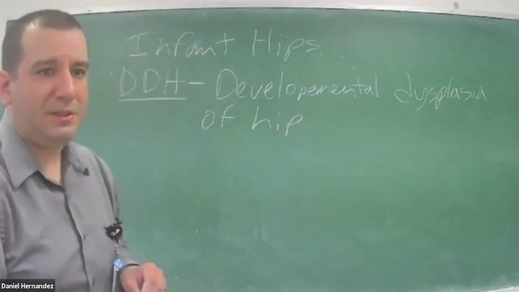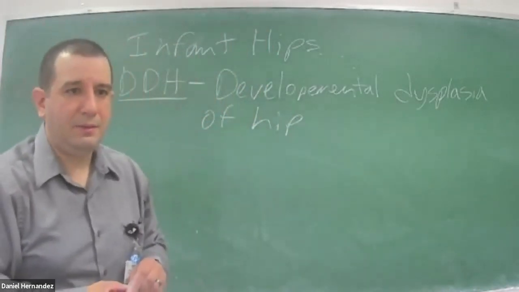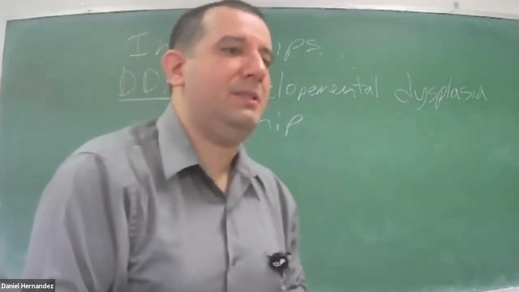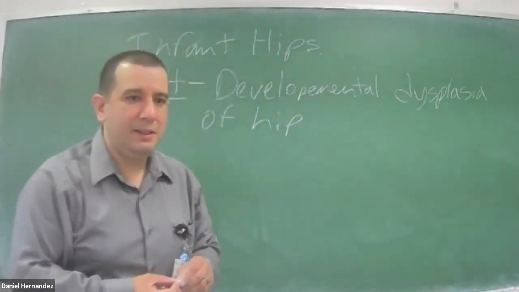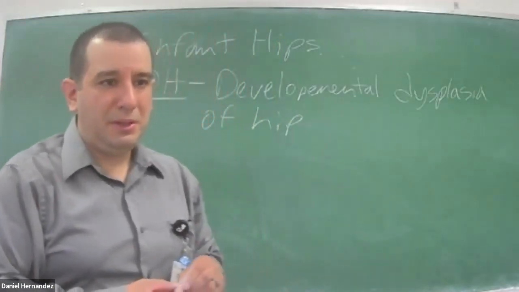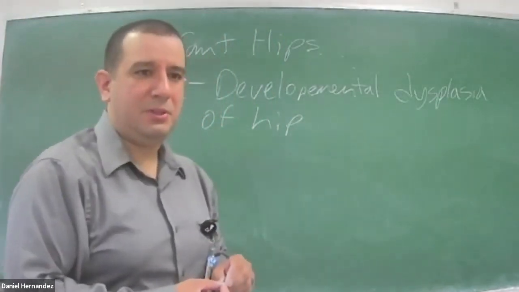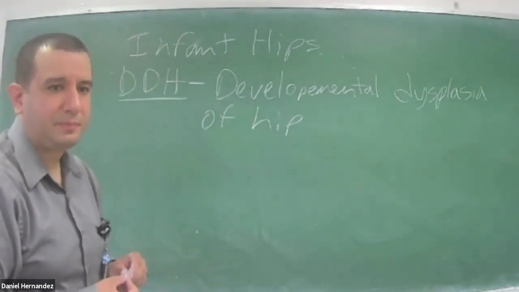It encompasses a spectrum of pathologies, which include subluxated hip, dysplastic hip, dislocatable hip, and a dislocated hip. So it's a bunch of different conditions.